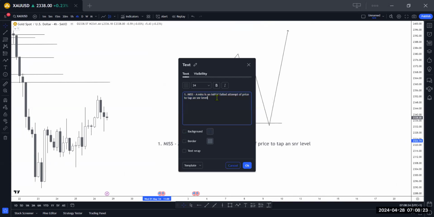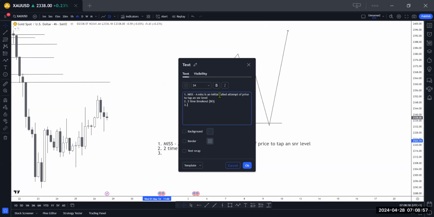Another thing we'll look at, the second one, is what is called breakouts. Two-time breakout. For 2-time breakouts, what we are particular about is that we want to see price break an SNR level at least 2 times. We'll talk about that very shortly.